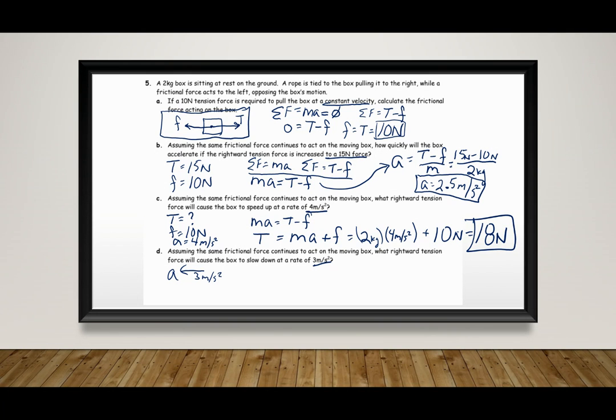Okay. So in this case, I have tension is equal to mass times acceleration plus friction. So my mass is 2 kilograms, but my acceleration is negative 3 meters per second squared, plus my 10 newtons. And that's going to end up giving me my answer, which is 4 newtons.